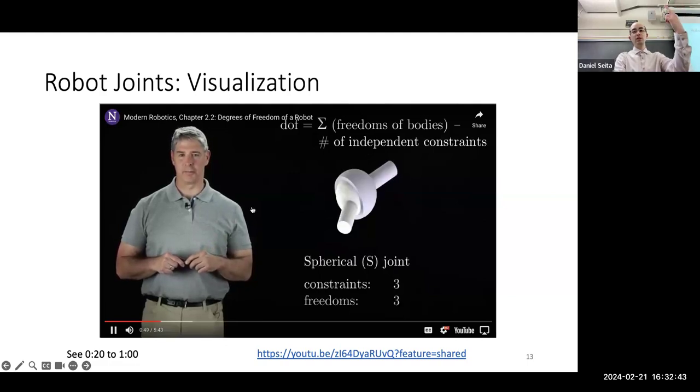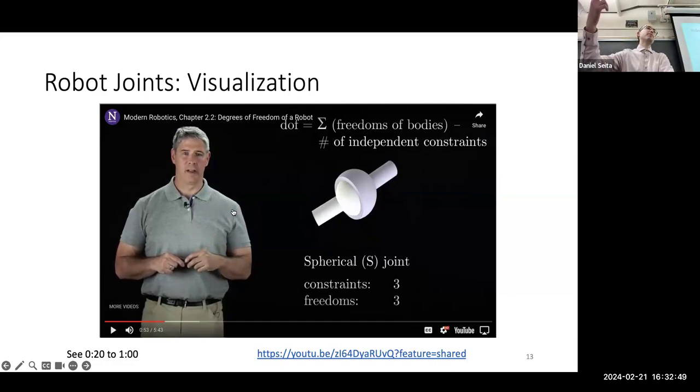So that's why it has, all right, this is the spherical one. Because you can specify 3 numbers, like 3 angles where it should be oriented. And this is similar to a shoulder joint, I think. And the link to this video is here if you want to look at it in your own time.